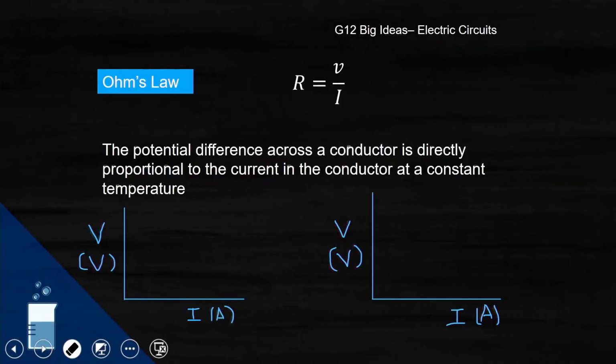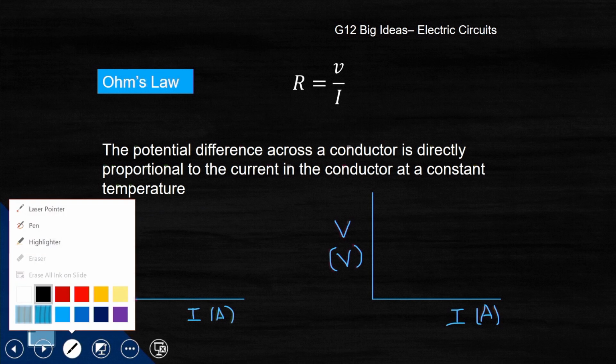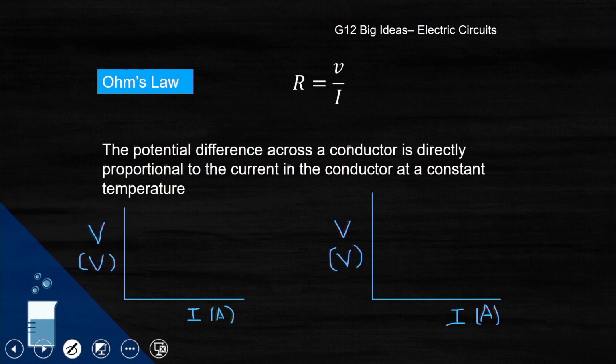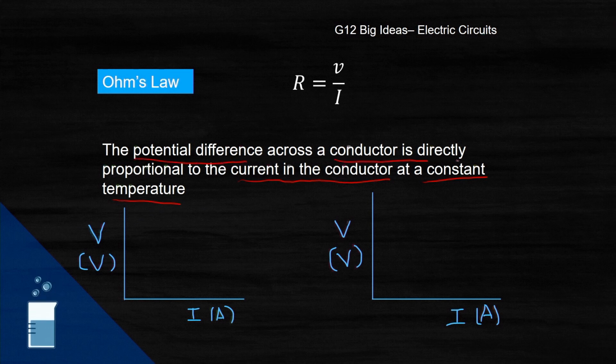The potential difference across a conductor is directly proportional to the current in the conductor at a constant temperature. So potential difference across a conductor is directly proportional to the current in the conductor at a constant temperature.